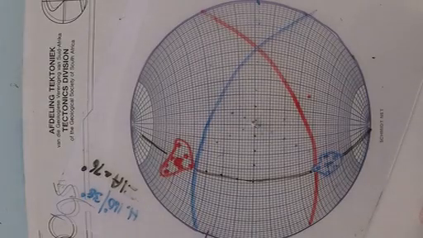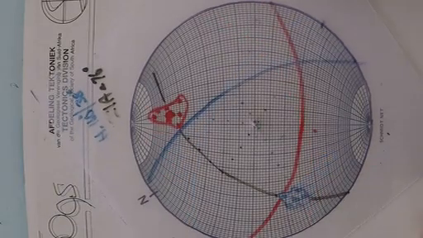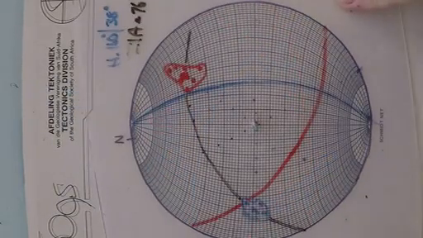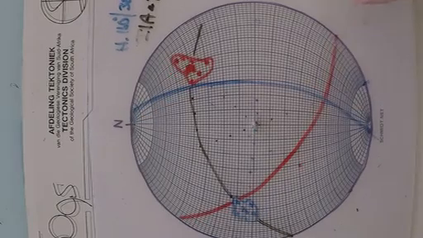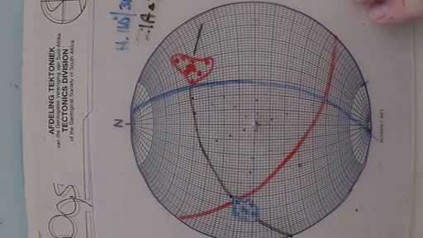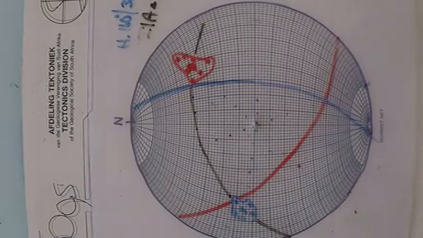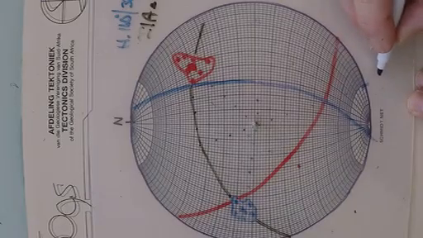Then of course you want to know the orientation of the actual plane. Now there's two ways of doing it. The first way is knowing the trace of the actual surface, or the actual trend. If I just make a little sketch here of what we see in our fold, we see something like this in the field.